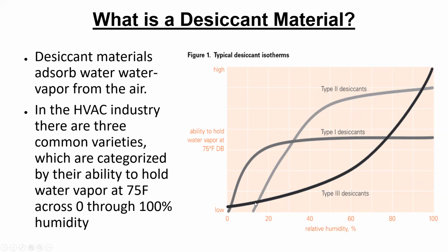Type 3 is not as good compared to type 1 and 2 for the first, let's say, 80% relative humidity, but at higher relative humidity conditions, it works the best. So you get maximum ability to hold water vapor in the worst case scenario, 100% saturated condition.